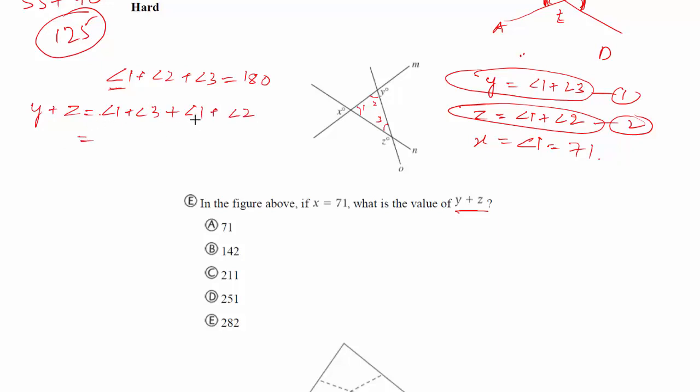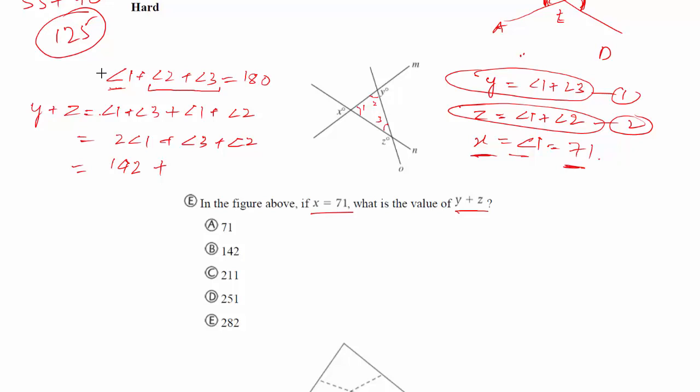This will be equal to twice angle 1 plus angle 3 plus angle 2. Angle 1 is given as x, which is 71. So twice 71 is 142, plus angle 3 plus angle 2.